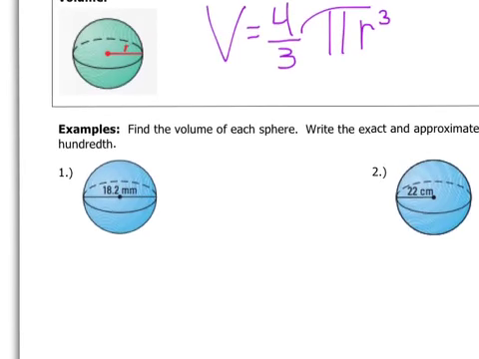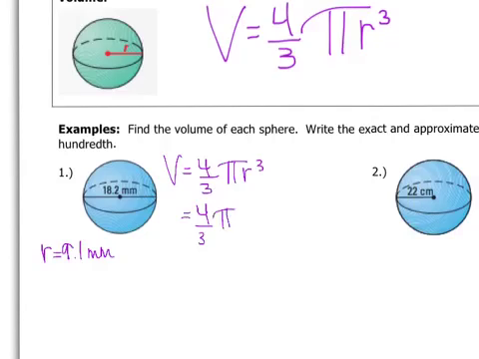Notice on the first example, though, what are you given? The diameter. So we need to take half of that to find the radius. Half of 18.2 is 9.1. Make sure you use that for your radius. I do have a suggestion on how you enter this in your calculator, if you're curious.